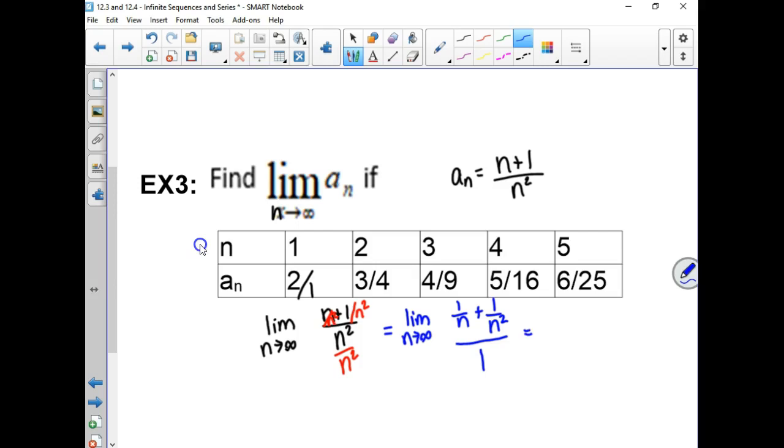We've got n's in the denominator of both things in the numerator, 1 over n and 1 over n squared. Both of those are going to have limits of 0. So 0 plus 0. And then what's the limit as n approaches infinity of 1? 1. And so what do we get? 0 over 1, which is 0. So this limit here would be 0.